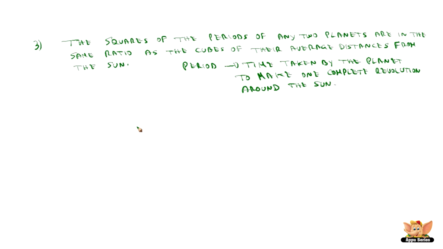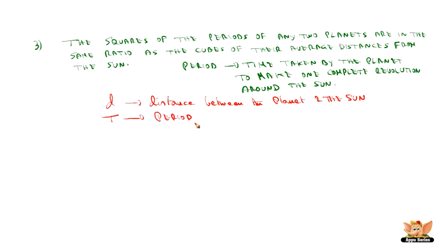So if the distance between the planet and the Sun is d, and T is the period the planet takes to revolve, then what the third law states is d cube is proportional to T square. And it also means if you take two planets, T1 square by T2 square is equal to d1 cube by d2 cube.